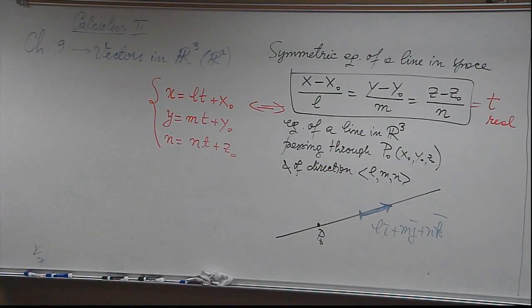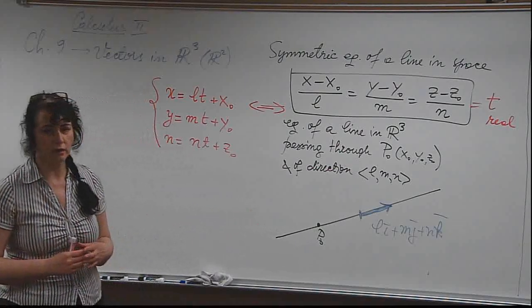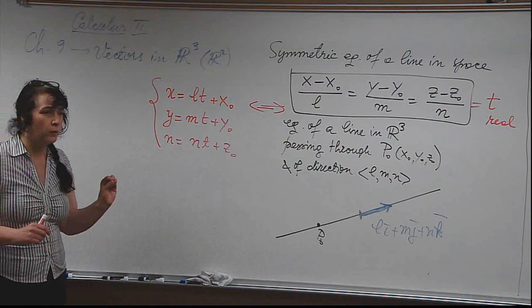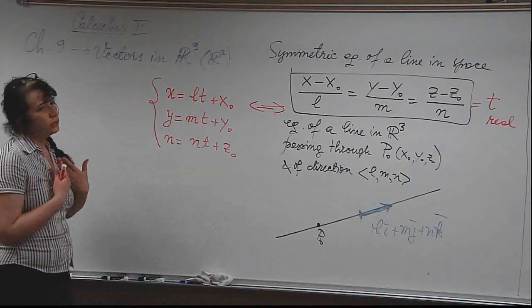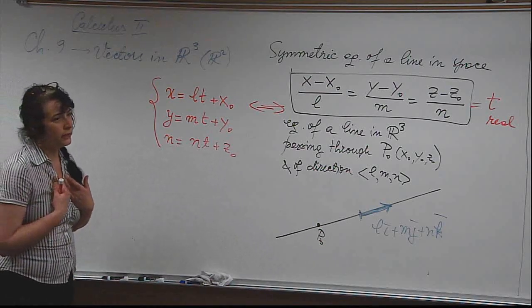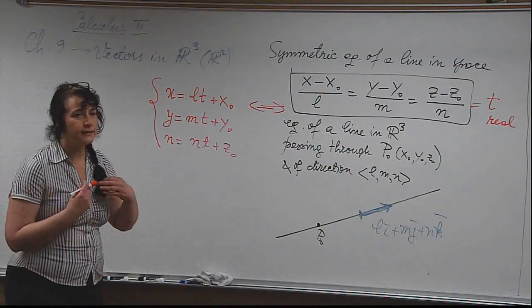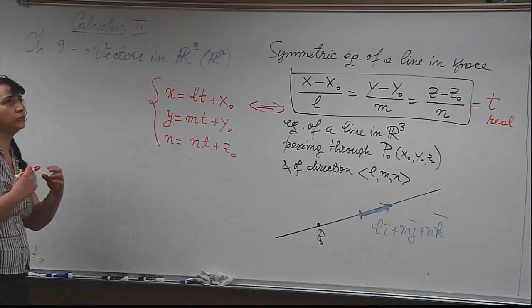Where, of course, we know the meaning that L, M, N are like what you met in physics, direction cosines, and x0, y0, z0 is a fixed point that belongs to that line. Now, since you know a little bit more than you knew in Calculus 2 when you saw that for the first time, what is the typical notation that we use all through Cal 3?